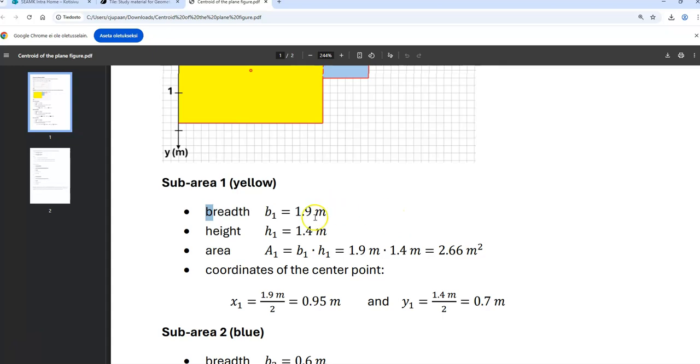In Finnish, breadth is leveys, and height is the height, and there we use mostly this letter H.